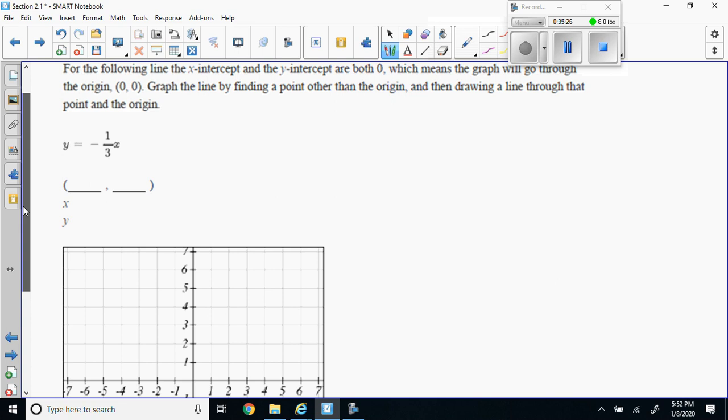What happens if you have an equation that goes through the origin? We talked about that, right? You're not going to have a y-intercept. Well, you will, but the y-intercept's what? 0. So if you've got to graph this by using the intercept, what the heck are you going to do?